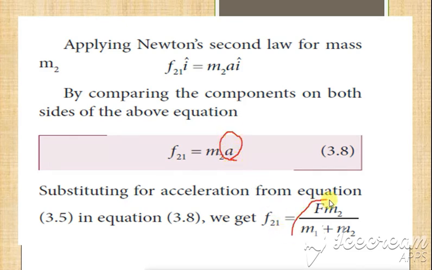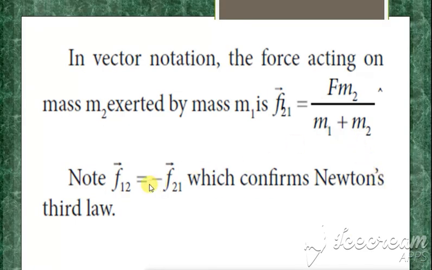F divided by m1 plus m2, is it not? So we are taking that, and since this is moving along the negative direction, we get F21 is equal to minus of, since we are getting minus here, we write F12 is equal to minus F21, which conforms with Newton's third law. Okay, so thank you.